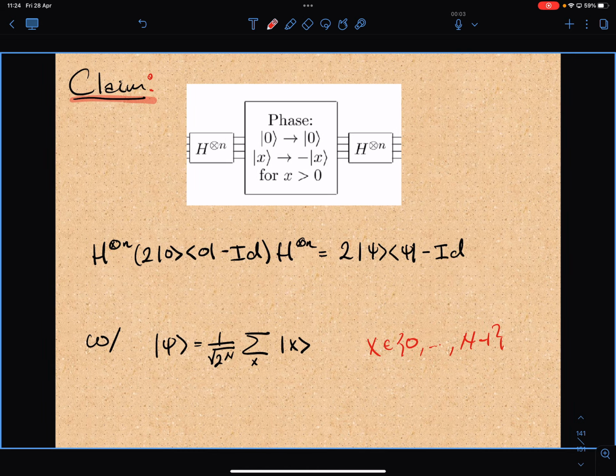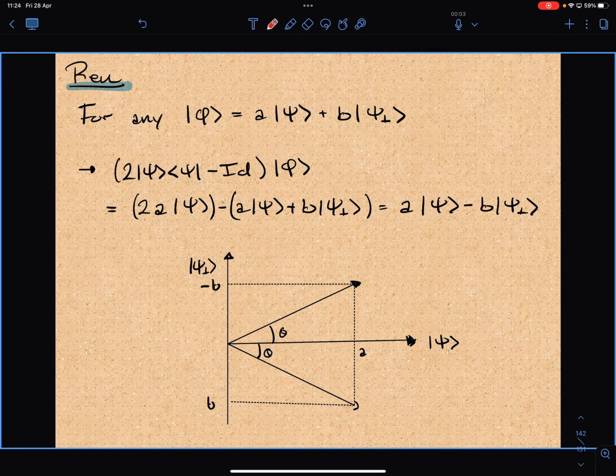And the remark is that the action of this operator is going to be similar to the action of the phase operator, where we reflect over the psi vector.